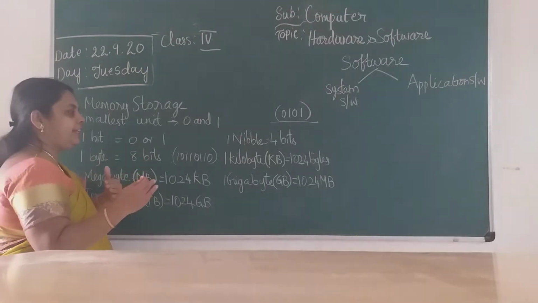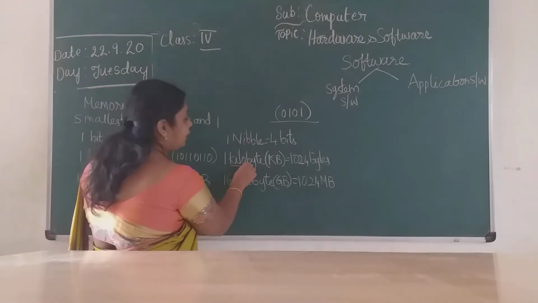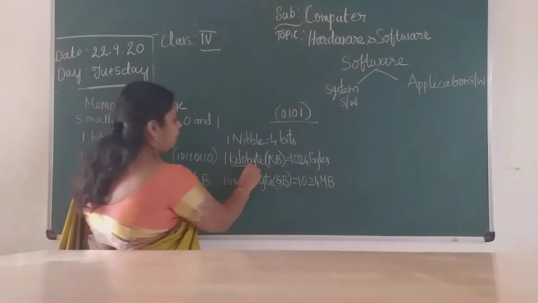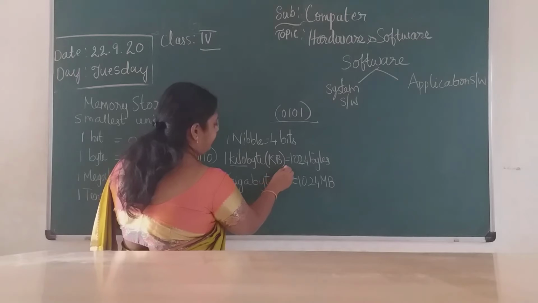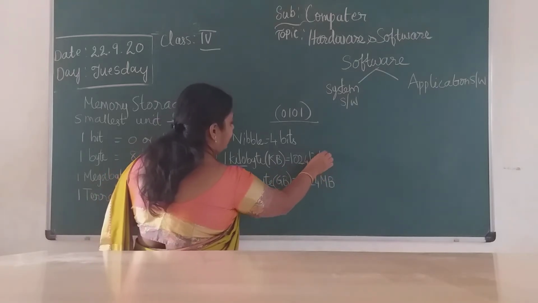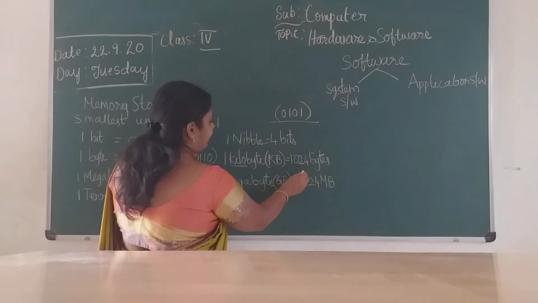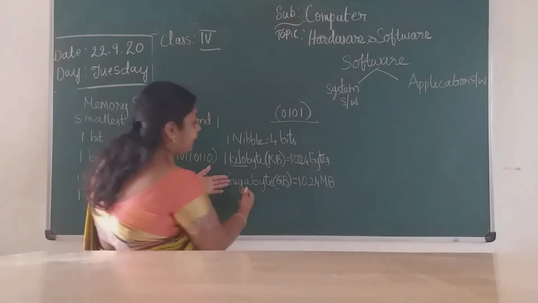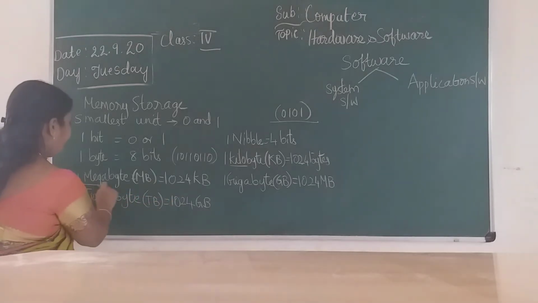Okay, then next one, 1 byte is equal to 8 bits. Then the next higher unit is kilobyte. Okay, so 1 kilo is we know 1000. So around 1000. Okay, so 1 kilobyte, short form KB, is 1024 bytes. Okay, so 1 KB is equal to 1024 bytes. Now the next level of memory storage, that is 1 megabyte.